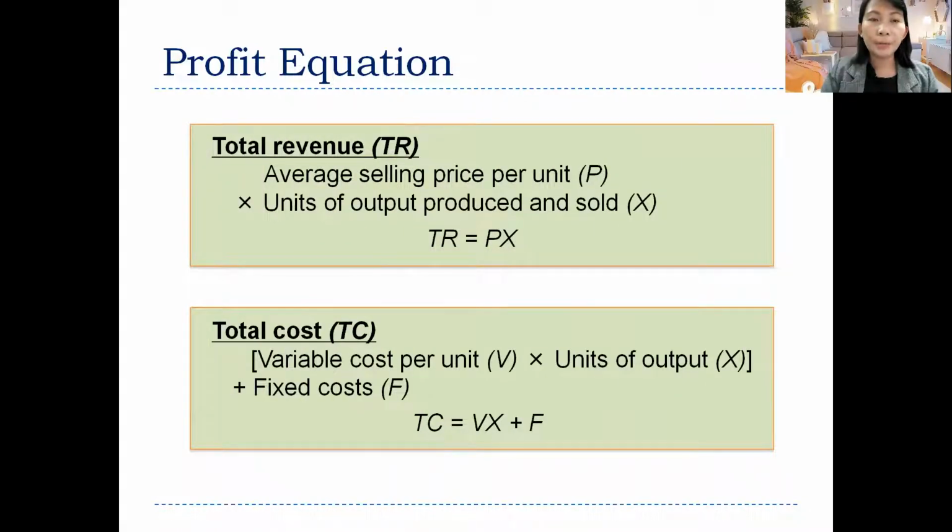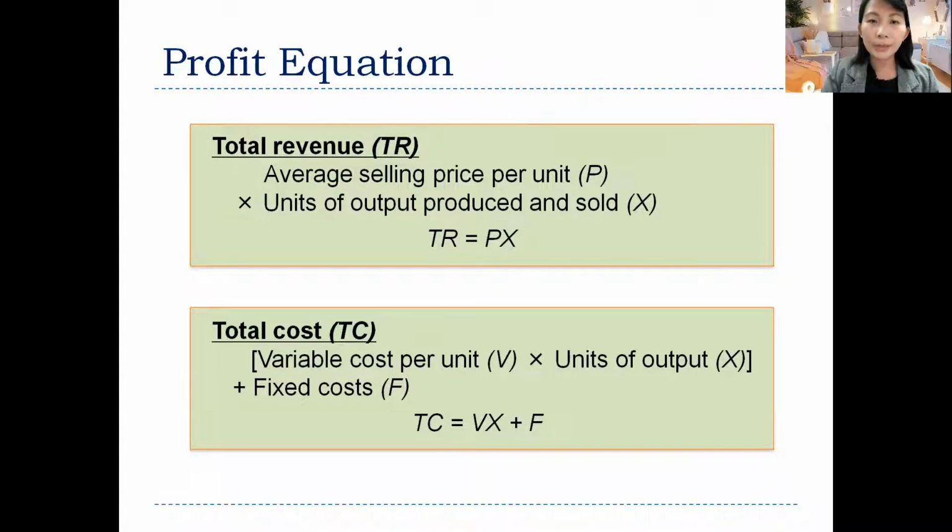Therefore, in our profit equation, to compute total revenue, it is equal to the average selling price per unit, the selling price, P or SP, multiplied by the units of output produced and sold, the X.